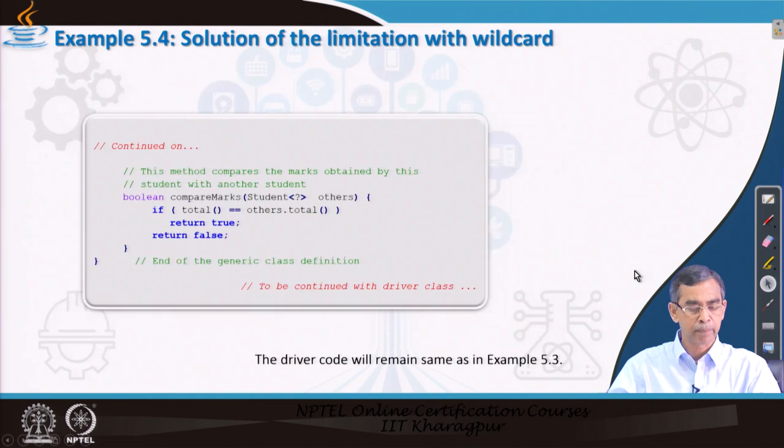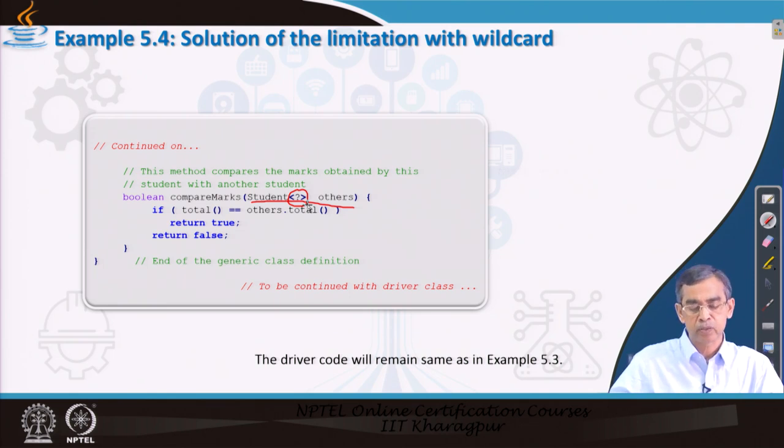So, here is compare marks, and we have defined it in a different way. Earlier it was Student T others, where others is a type of Student class. Now we put the wildcard in place of T. Student has any type, which means it will not matter for which object you are calling the method, it will work.